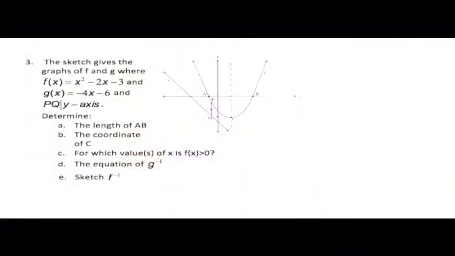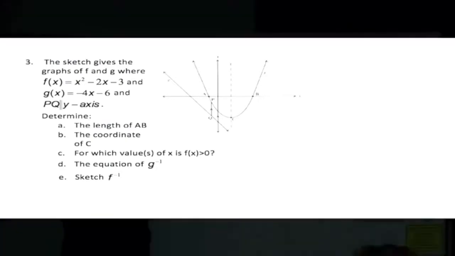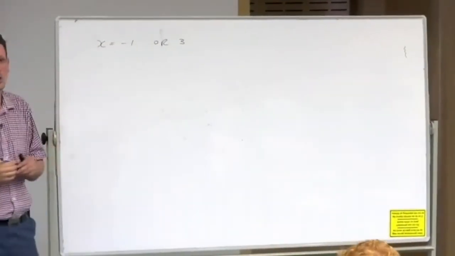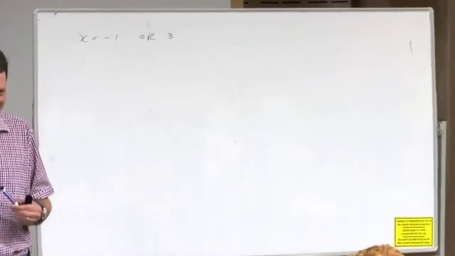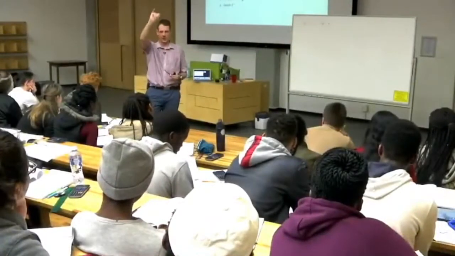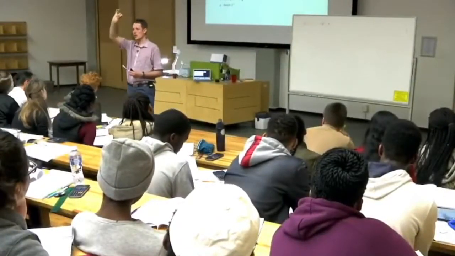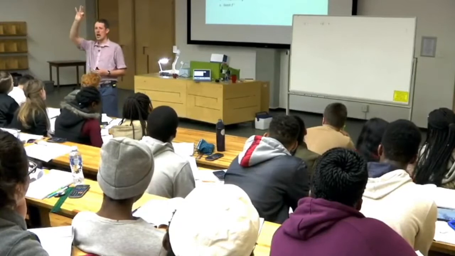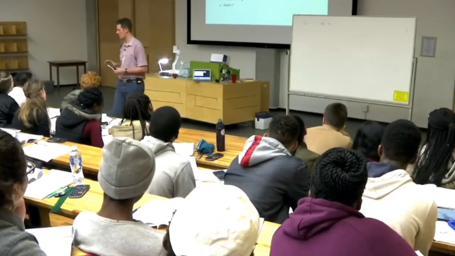Now, if you are unsure about how I got that, please come and see me. Okay? x is -1 or 3. Again, for the 80 and 90% here, guys, you've got to be able to solve it in all three different ways: factorization, completing the square, as well as the formula.